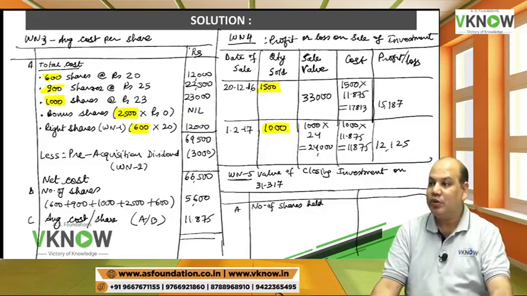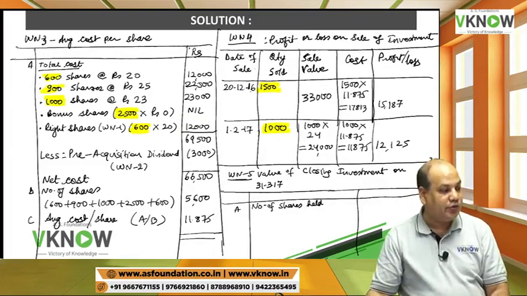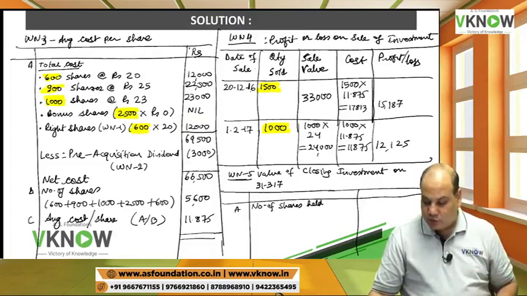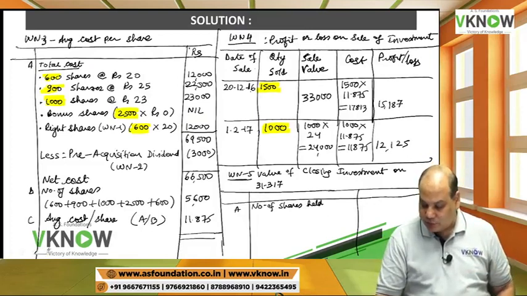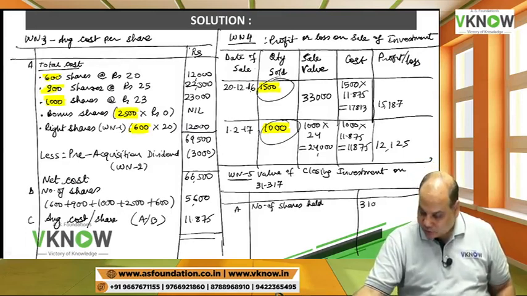Come on. How many shares are you holding as on 31/3/2017? 3100. 3100 is right.